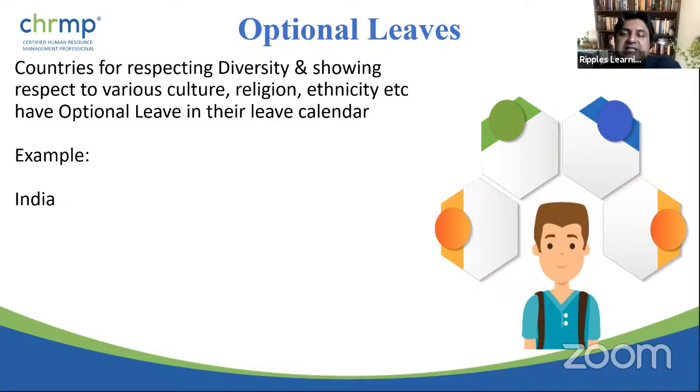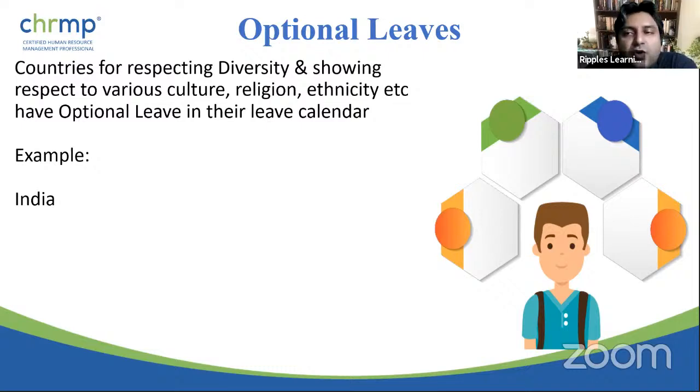But here, taking the example of India, it makes so much sense because it gives you leverage, and even for a lot of organizations and countries otherwise, it would make sense, because if you come up with an optional leave policy, you would drive what we call diversity and inclusion in the organization, isn't it? Which is very important.